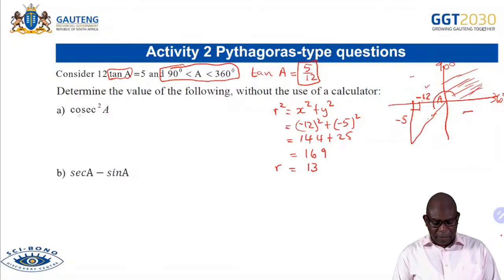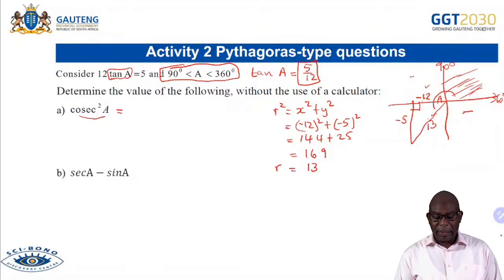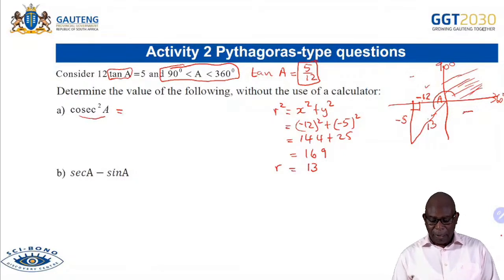Now, then I can get this cosec. I cannot get the cosec if I don't know the other value there. So the cosec I know is the same as sine turned over. So if I know sine, my sine of this angle is opposite over hypotenuse. So it's -5/13.